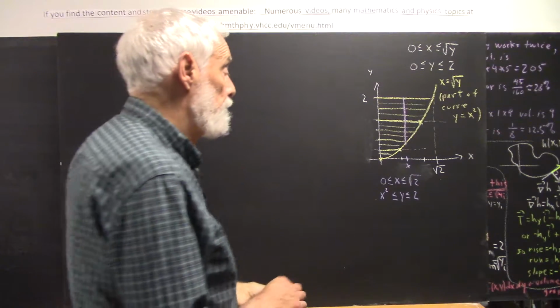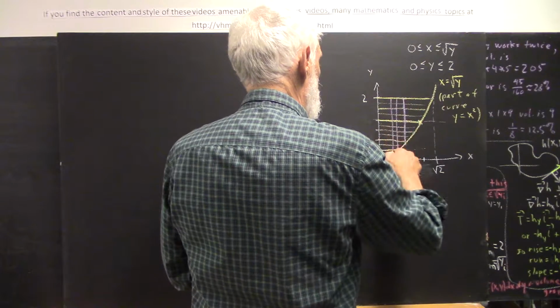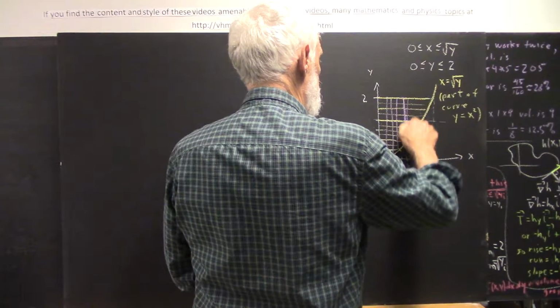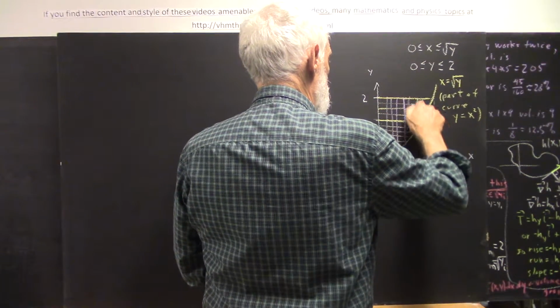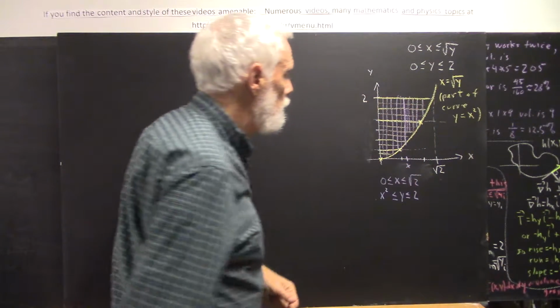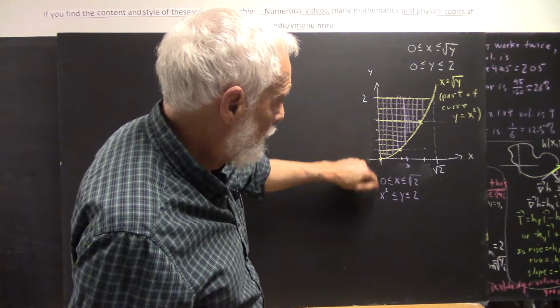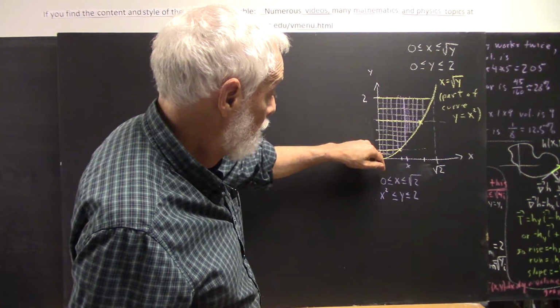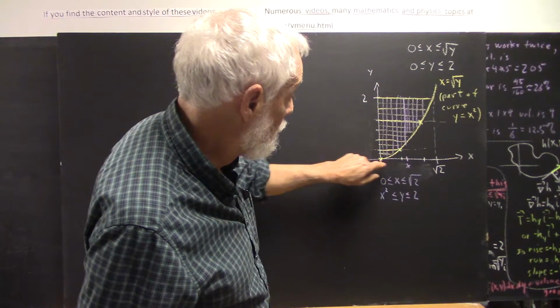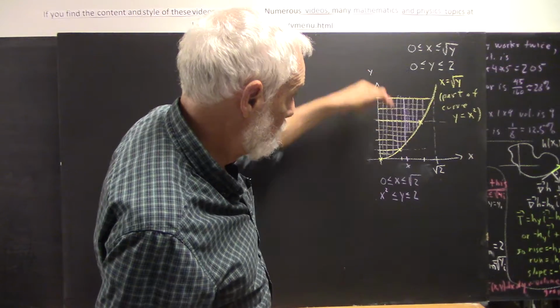And then, of course, we do that for all possible values of x, and we get a bunch of segments that look like this, and they're supposed to be equally spaced. And the purple corresponds to this description. x takes values from 0 to the square root of 2, and y then goes from x squared up to 2.